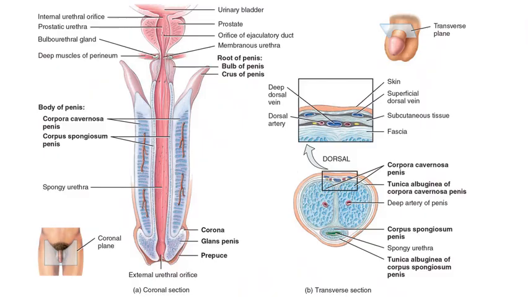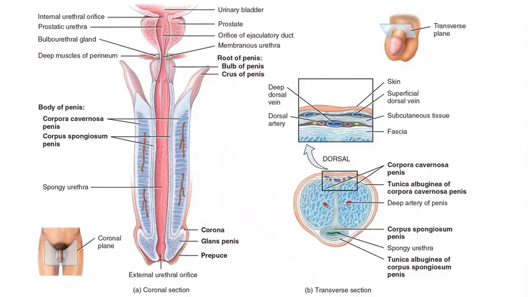The penis contains part of the spongy urethra, the single passageway for ejaculation or excretion of urine. It's cylindrical in shape and consists of a body, glans penis, and a root.